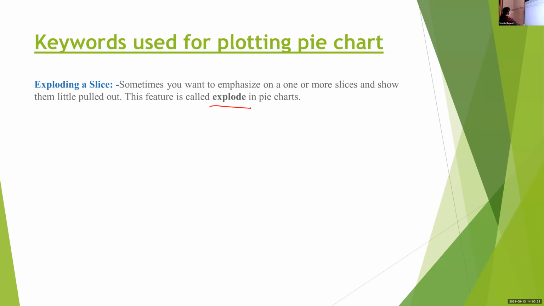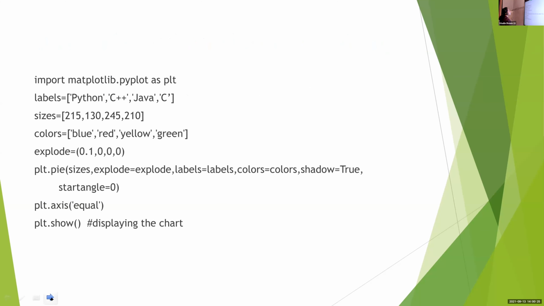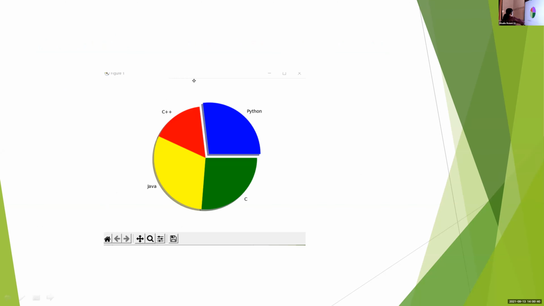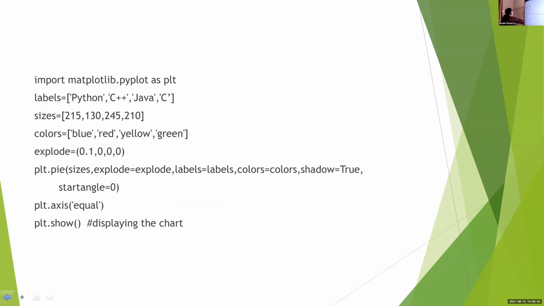Then write this program to draw a pie chart. First, in the data visualization chapter, just like import pandas as pd, the commonly used statement is import matplotlib.pyplot as plt.